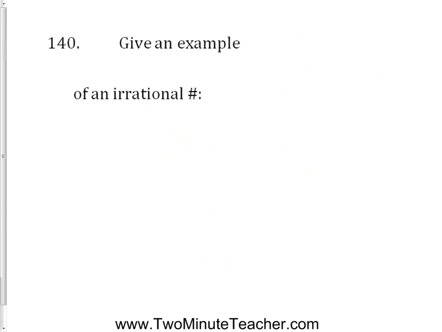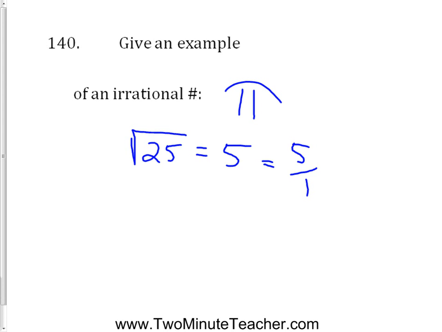Give an example of an irrational number. I just did. Pi. Pi can't be written as a fraction because it goes on forever and it never repeats. Another irrational would be any square root that doesn't come out nice. Like square root of 25 comes out nice, that's 5. That can be written as a fraction, 5/1. So anything that can be written as a fraction is rational.